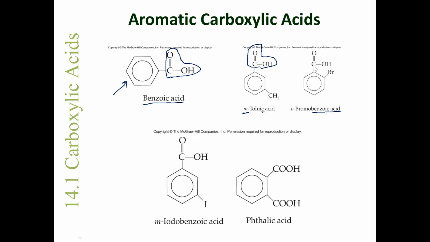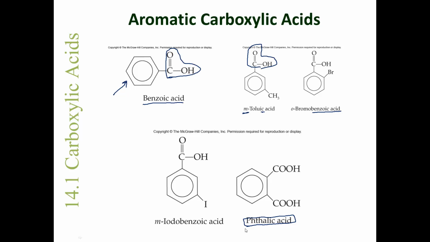This is carbon number 1 here. So we know if it's ortho, the bromine's off of carbon number 2 there. All right, meta-benzoic acid, and then the dicarboxylic acid, which again, common name, phthalic acid, and most people call it that.